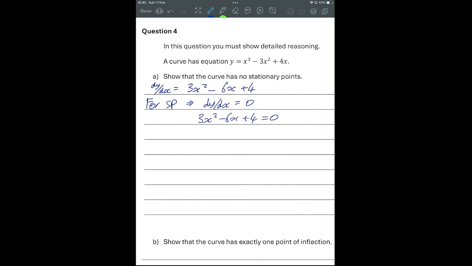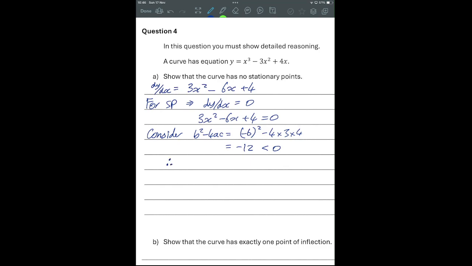Well, it's a quadratic, so that means we can start using the discriminant. So I'm going to consider b squared minus 4ac. I'm going to show that I'm calculating that, times 3 times 4. And if I put that into my calculator, that comes out as -12, which is less than 0.